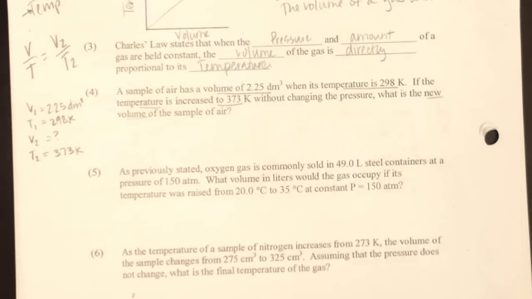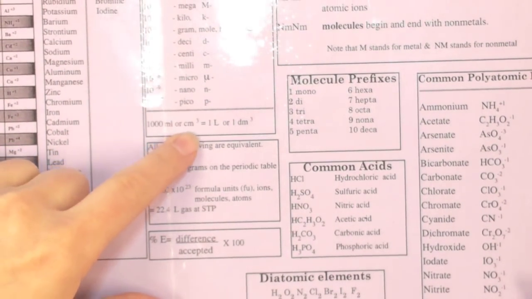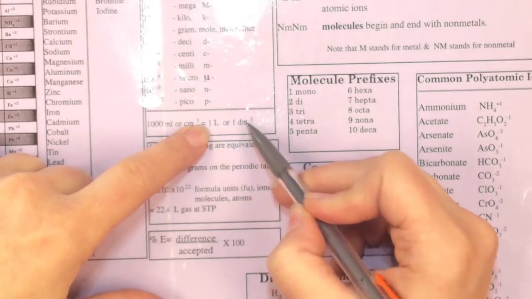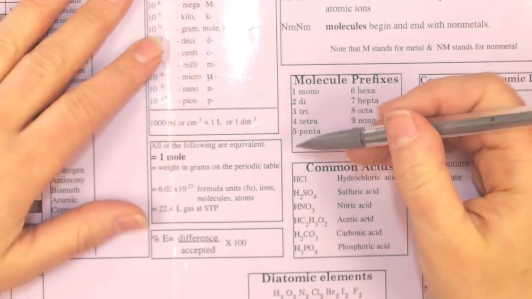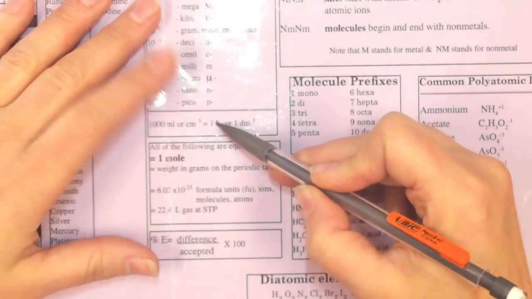If we look at our units, they gave us cubic decimeters. We never use cubic decimeters. They're on my periodic table. Sure, they're right here. 1,000 milliliters is 1,000 cubic centimeters, which is 1 liter, which is the same as 1 cubic decimeter. So congratulations, worksheet. You can give me units I've never seen before. I shouldn't be intimidated. I see here that a decimeter cubed just is a liter.